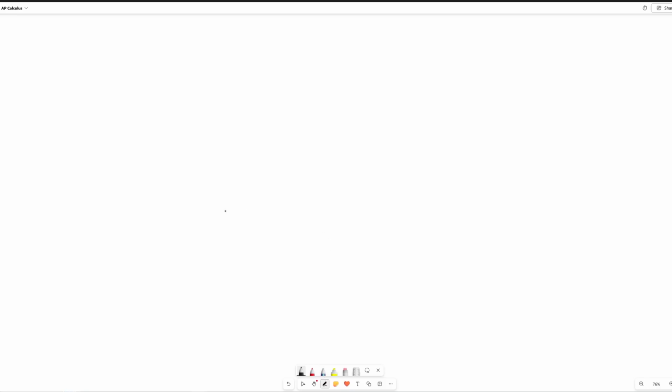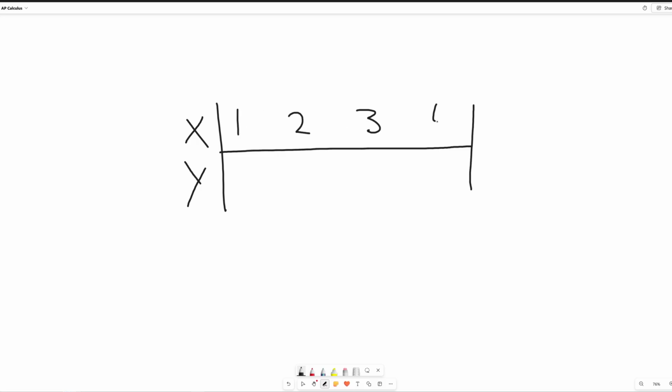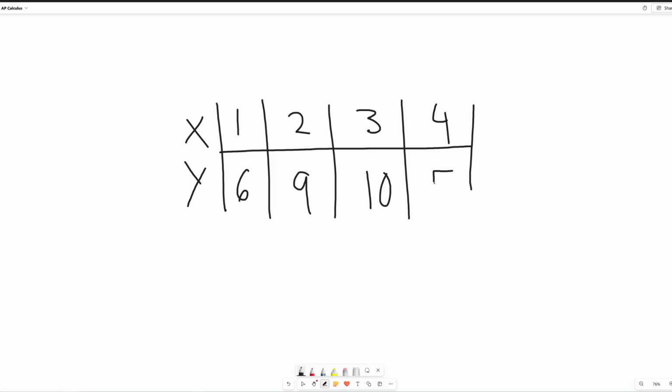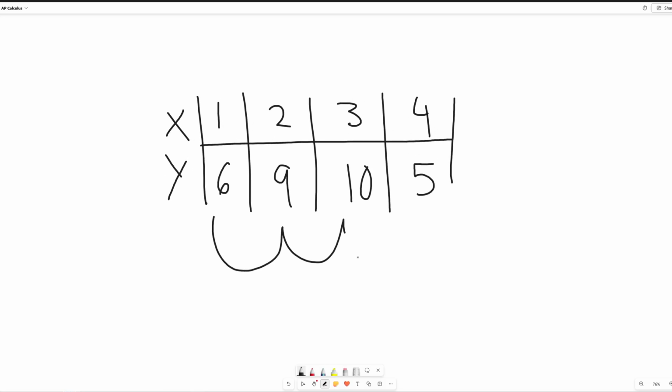If you are given a table with arbitrary values, and we're going to say between times 1 to 4 here, and you get 6, 9, 10, 5, then you will have to, for instance, do a Riemann sum to figure out the approximation of the integral over here from 1 to 4.